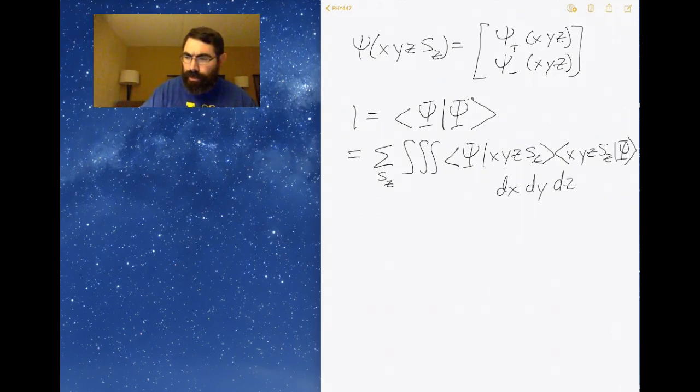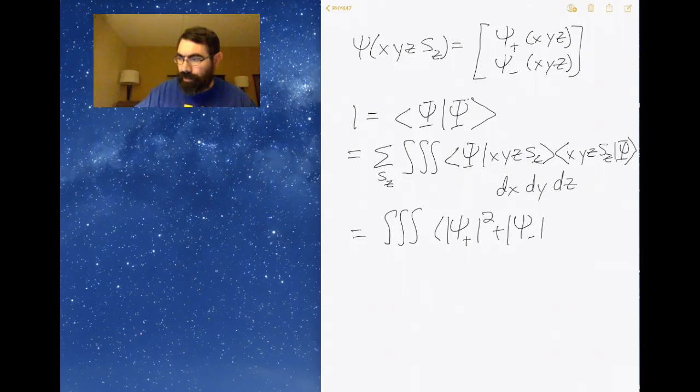So in the end, when we take the product of all possible spin states, we would still get the integration over all Cartesian space, but then we would get the amplitudes of spin up squared plus spin down squared, and then you integrate over those wave functions dx, dy, dz.